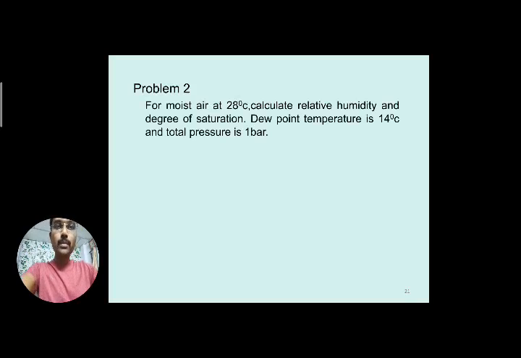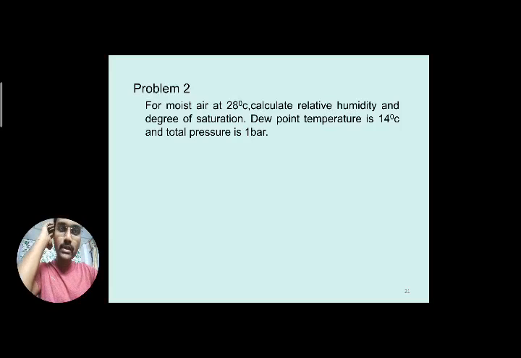Continuation, this is problem 2. You can read for a while. Okay, so this is the question.